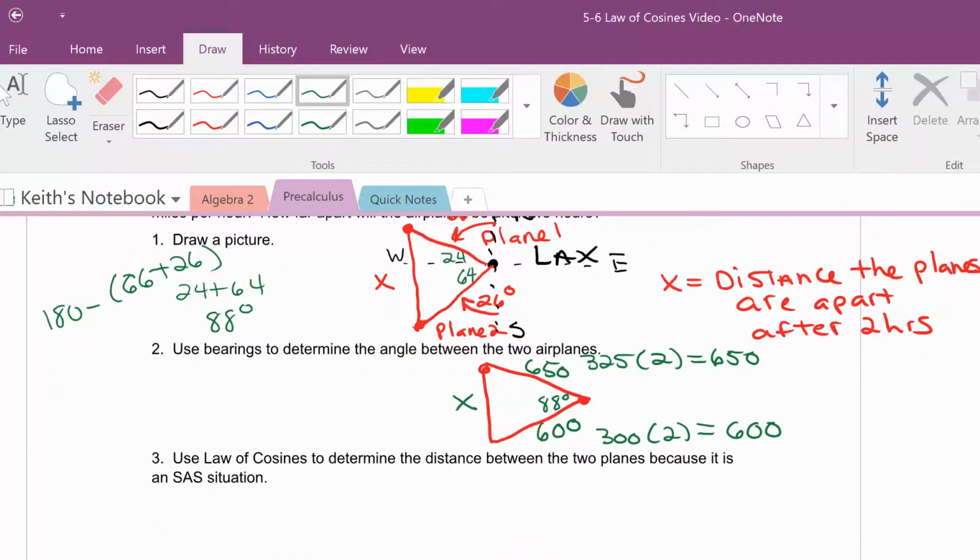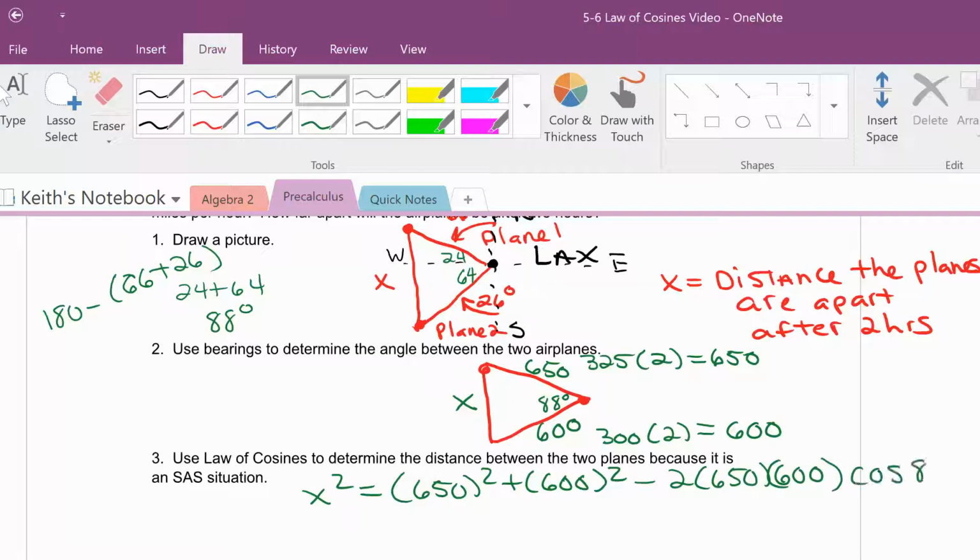So you're going to use the law of cosines, because x squared is going to equal 650 squared plus 600 squared minus 2 times 650 times 600 times cosine 88.